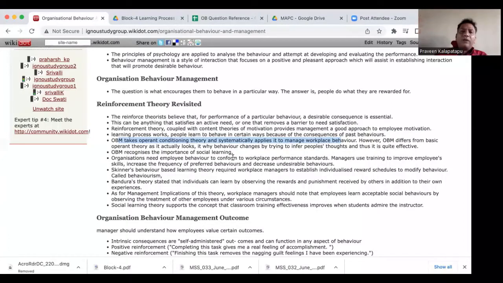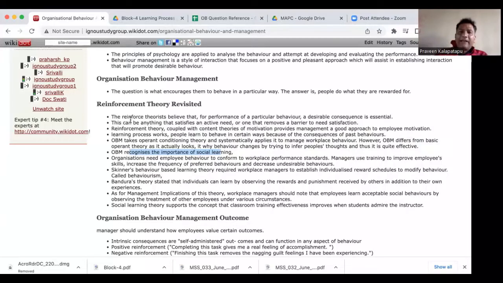It is also talking about why that behavior is coming, so that they can address the root cause of it, right? So OBM is not just about the end goal. It is also about the reasoning on why. That is exactly what this point is. It recognizes the importance of social learning. OBM also takes social learning into consideration.